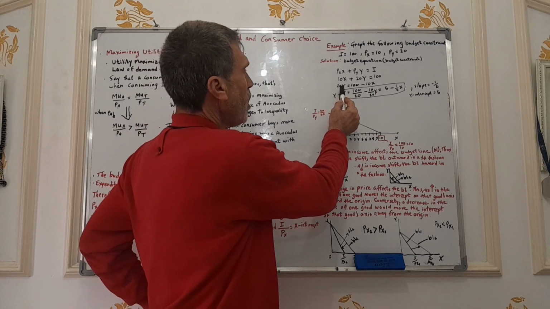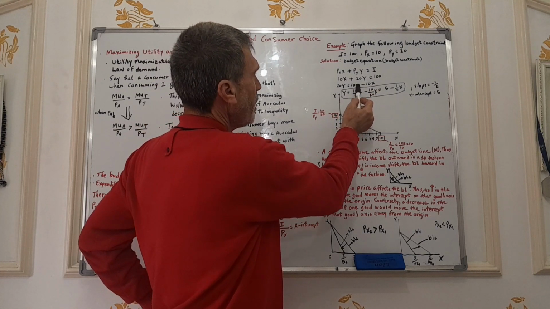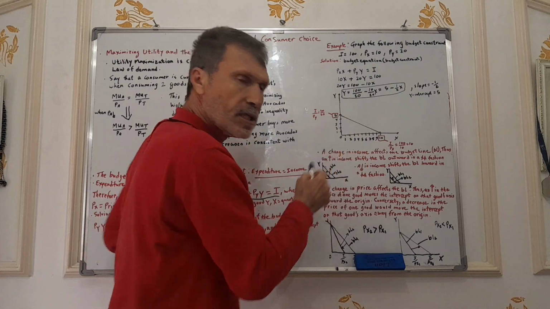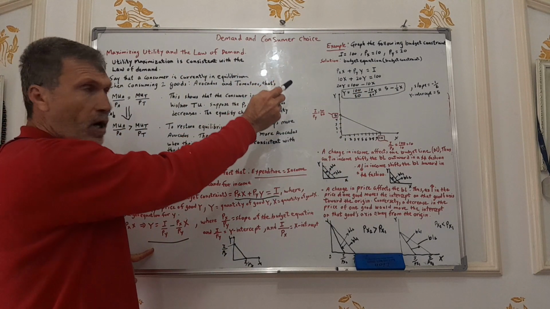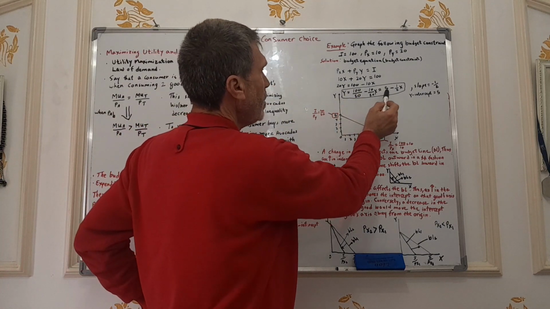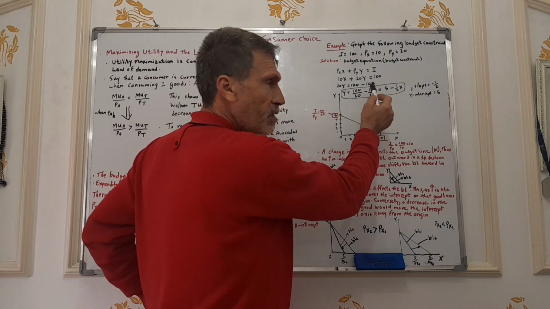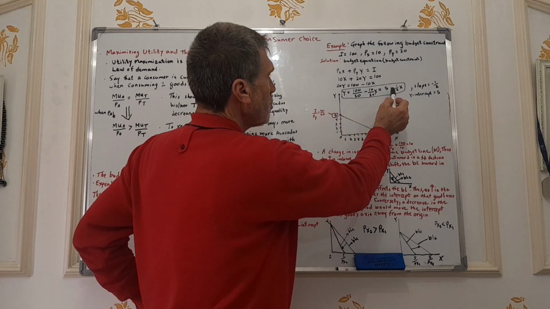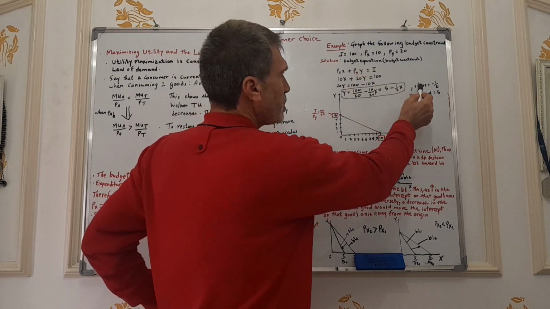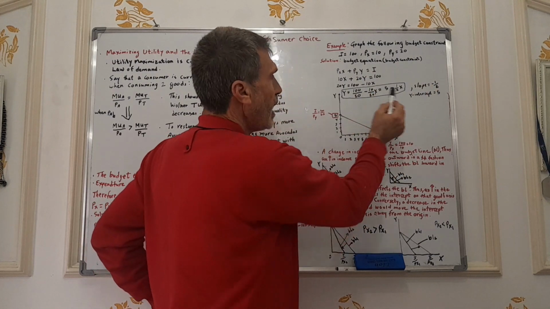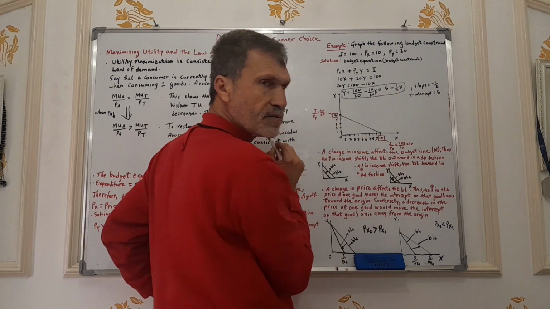So 20Y equals 100 minus 10X. I solve it for Y. After simplifying, I get Y equals 5 minus 1/2 X. So the slope is minus 1/2, and the Y-intercept is 5.